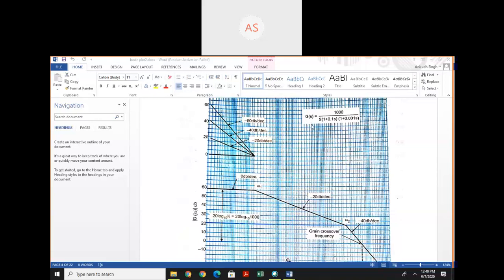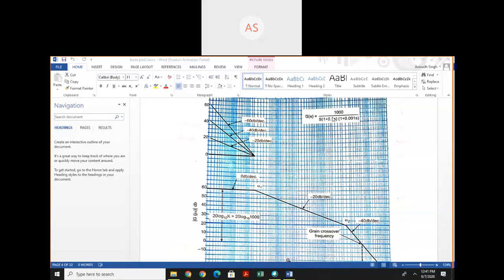And this is not present in the given solution, so do not consider this, at the first corner frequency of 10 radian per second.